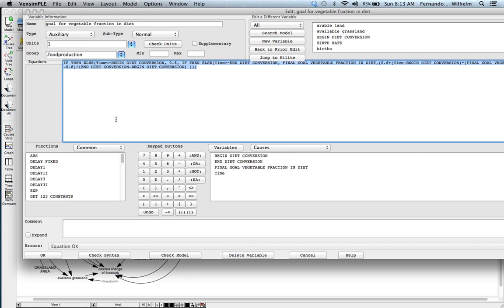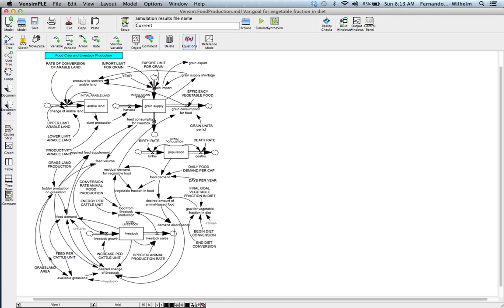In 2005 you're supposed to be at 60% vegetable, in 2015 you're supposed to be at 90% vegetable, and in the interim it's a straight trend. So the idea is to convert this population, with given birth and death rates, over 10 years from 60 to 90 in terms of the supply of food from vegetable origin. That's the setup of the problem.